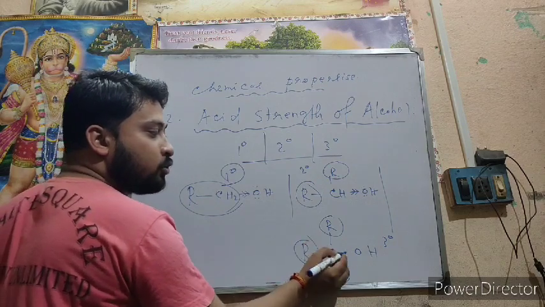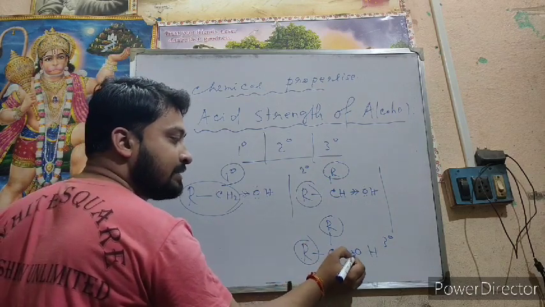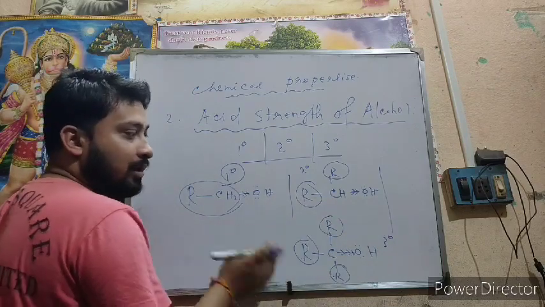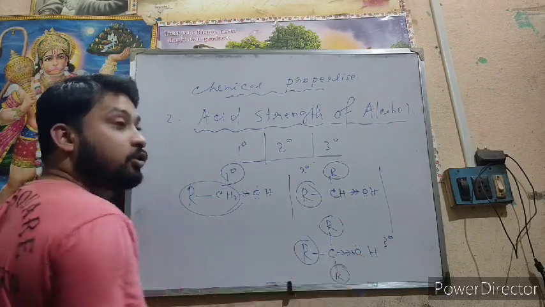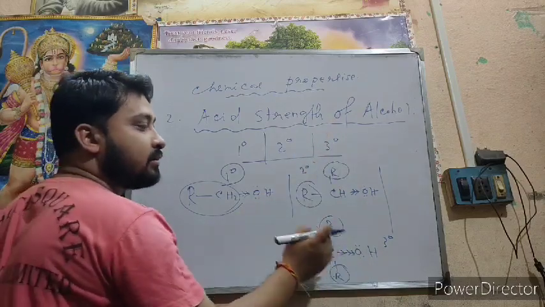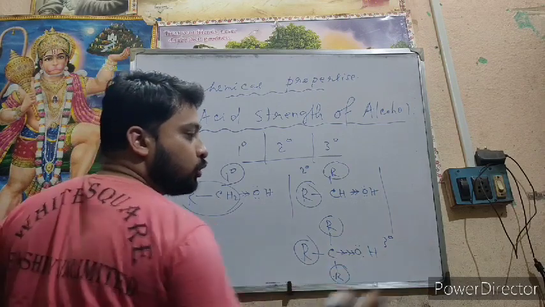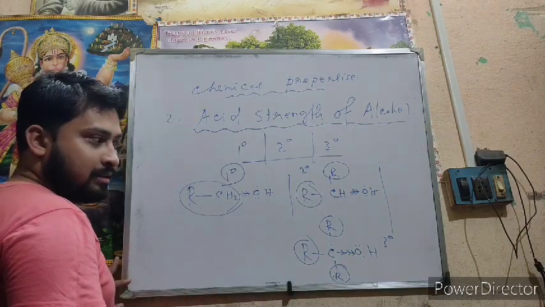It has 3 bulky groups, so the electron density on oxygen is higher than in 2 degree or 1 degree. As the electron density is too high, it does not want to release H+.